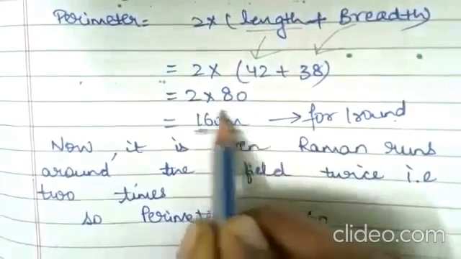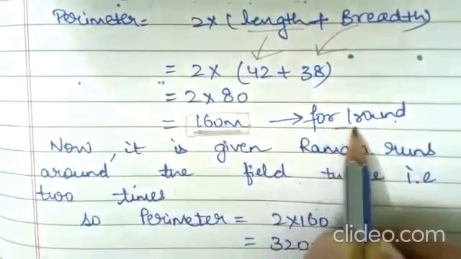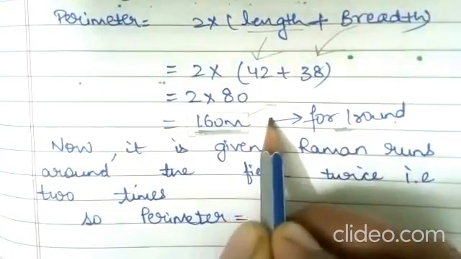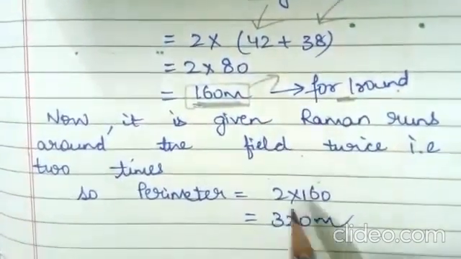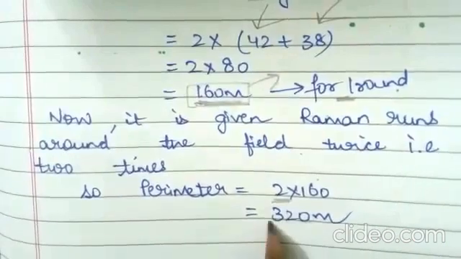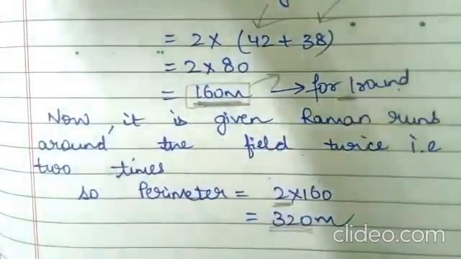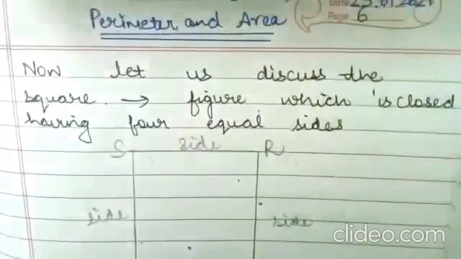Now this is for how many rounds? For 1 round. Now for 2 rounds we have to find out. So we will multiply it with 2. And what we get? We get 320 meter. Clear?